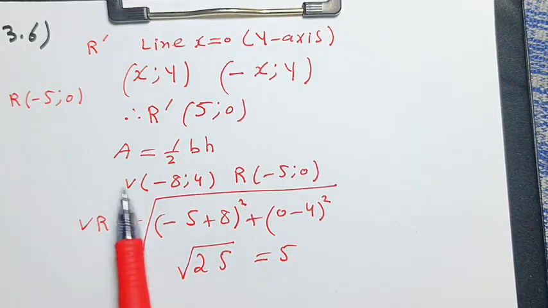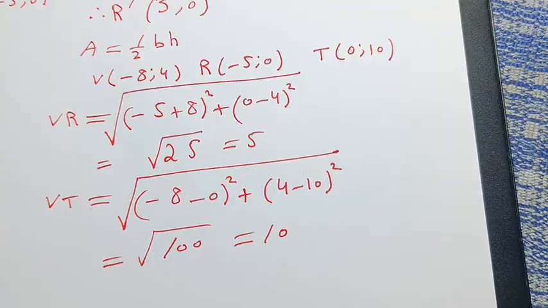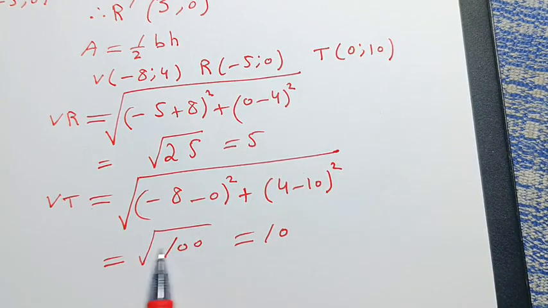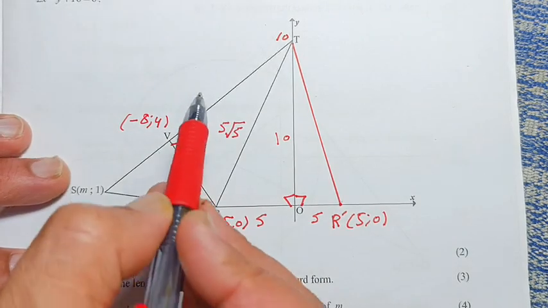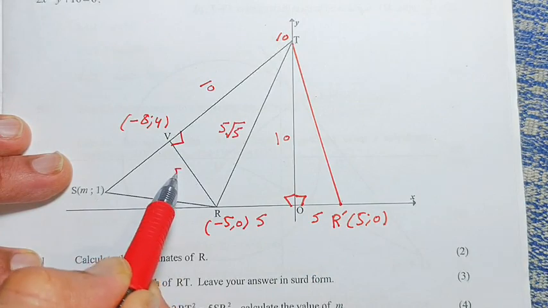So I need to find the length of VR. I use the distance formula and this is my answer. So I need to find the length of VT as well. So I substitute coordinates into the distance formula and this is my answer. So as you can see, VR is 5 and VT is 10. So the perpendicular height is 10 and the length of VR is 5.